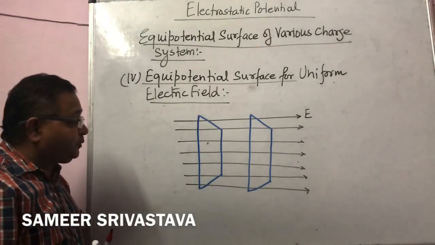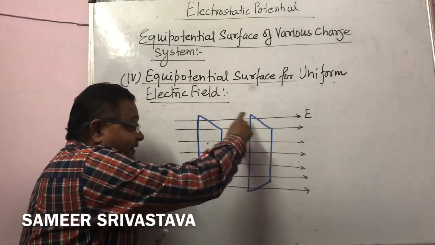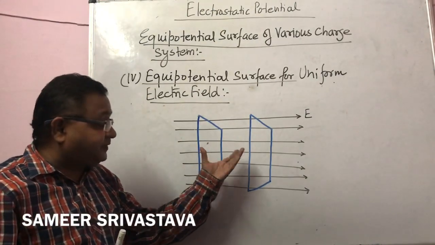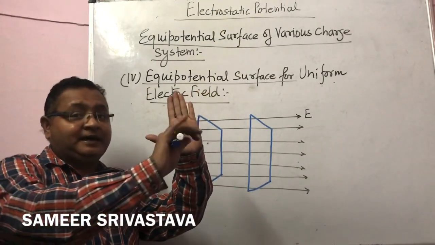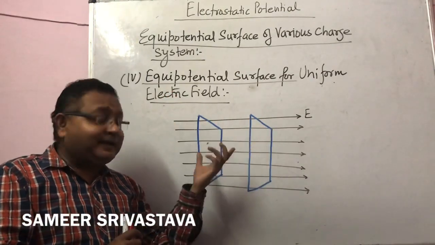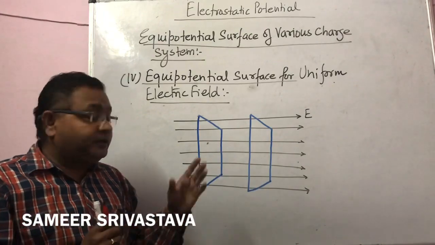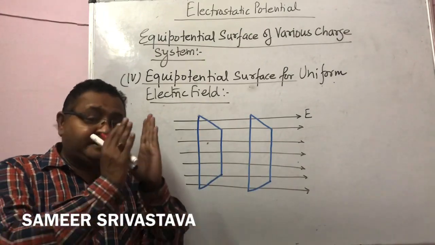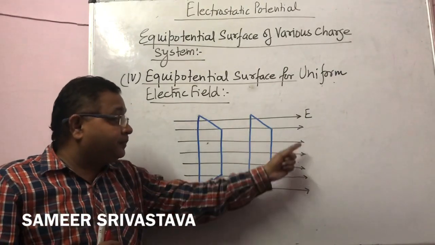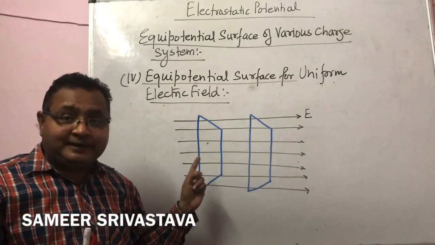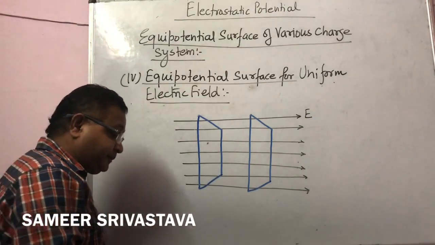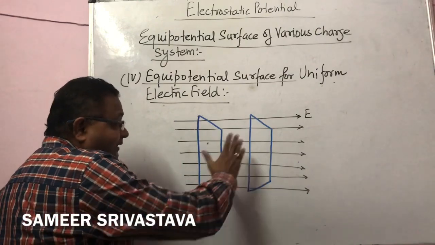Now these are equipotential surfaces, and if you see them, these equipotential surfaces are normal to the field lines and are equidistant. So equipotential surfaces are equidistant and normal to the electric field lines, and they are equidistant planes.